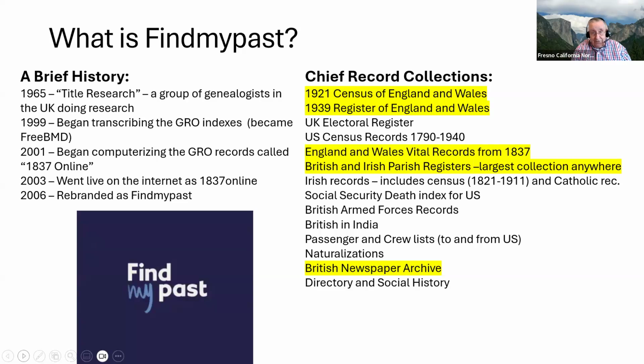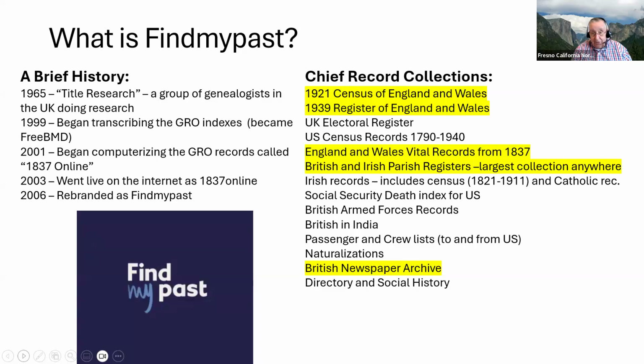Their chief collections, the things that they're most proud of, are the 1921 census for England and Wales, which is the most recent that's available, and a document that we'll be talking about later called the 1939 Register.